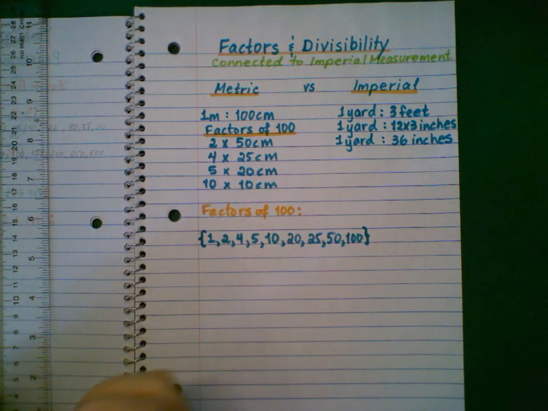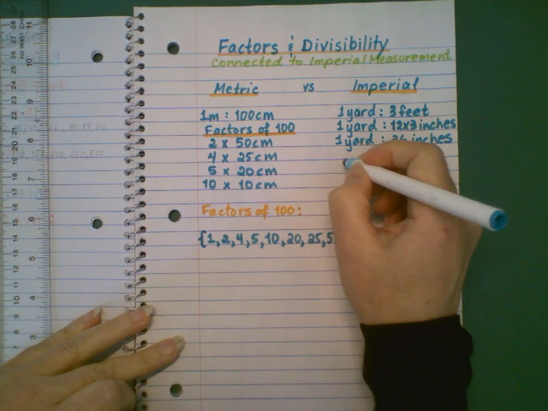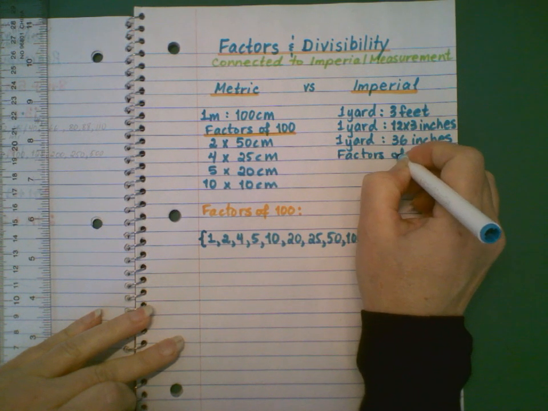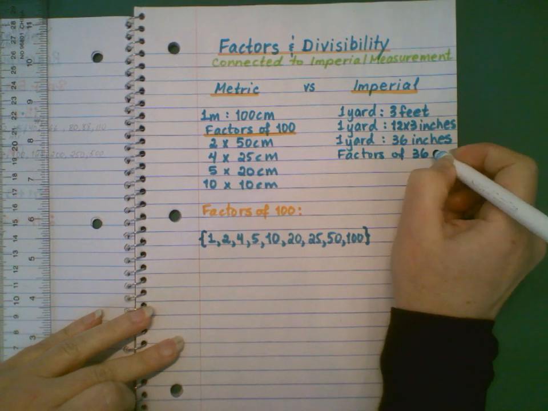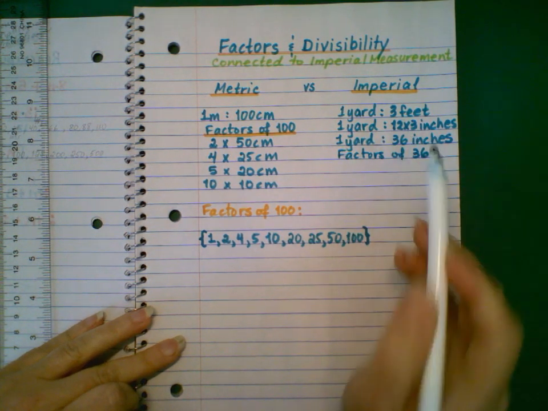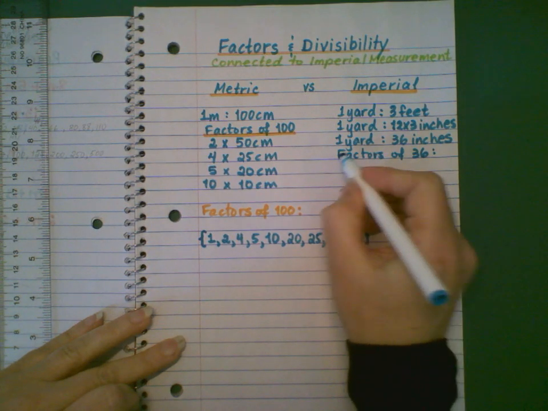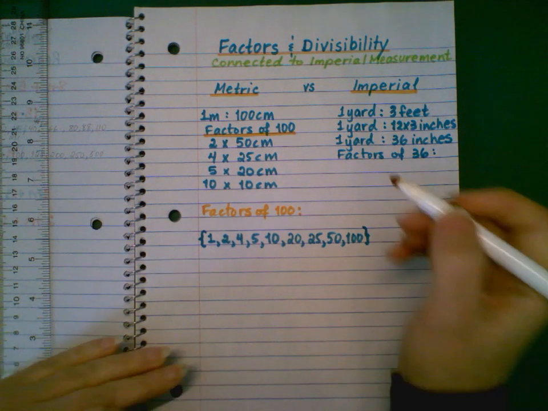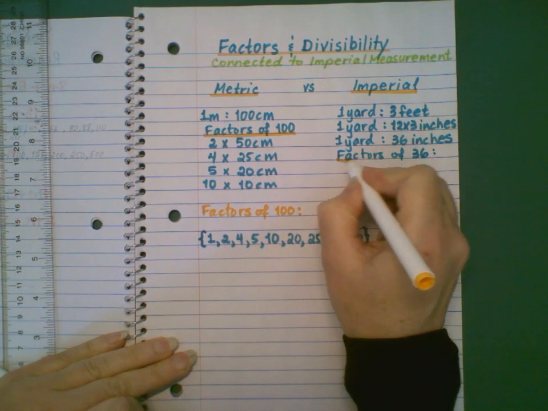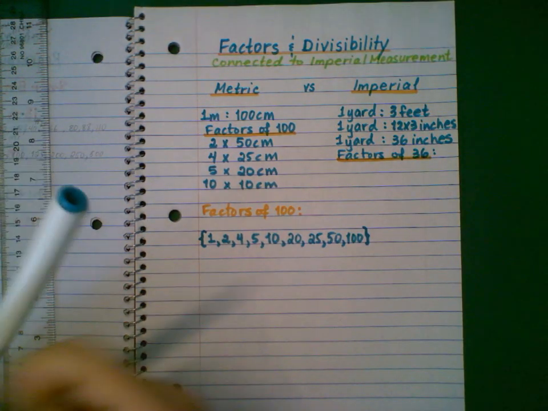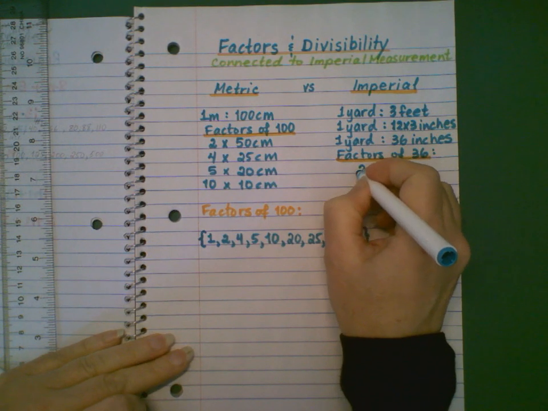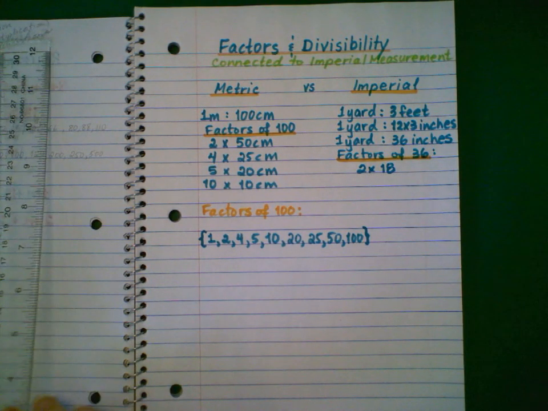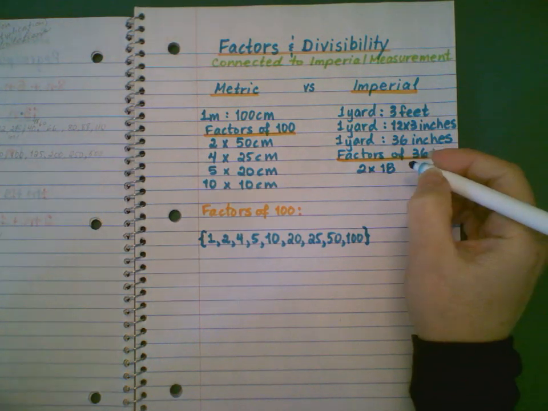So then if I'm looking at the factors of 36, I've got 1 and 36. That's one of the sets of factors. I've also got 2 times 18, two groups of 18 inches.